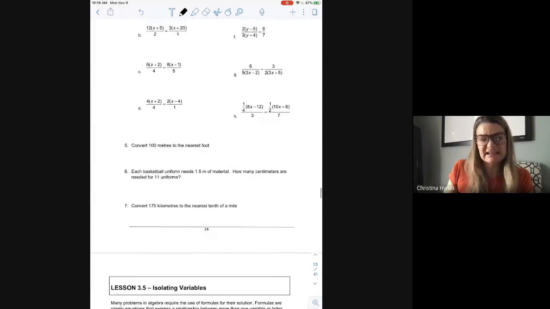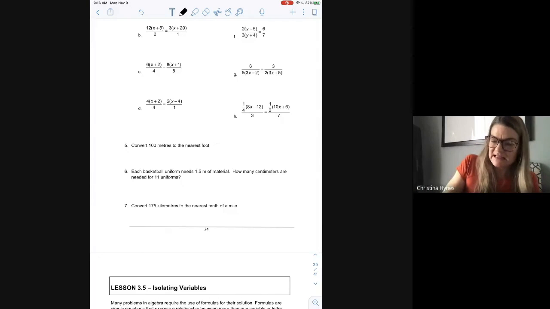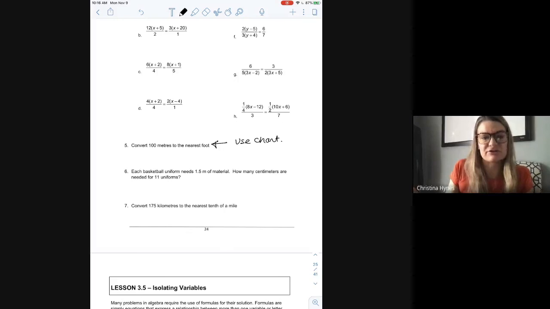There's 5, 6, or 7. Pick one word problem to see if you can do. If you chose to do this one, you have to use the chart above, where it's converting meters to feet. You have to look for that conversion first. Okay. Make sense? Yeah. Okay. And when they say each basketball uniform, that means one basketball uniform, one of them, 1 versus 1.5 meters. So it'd be something like this.